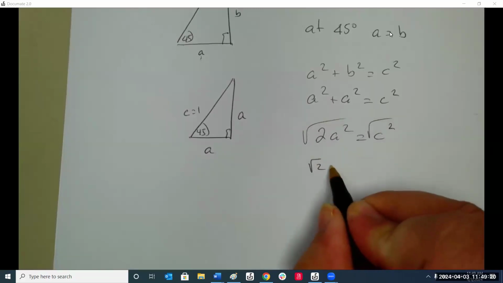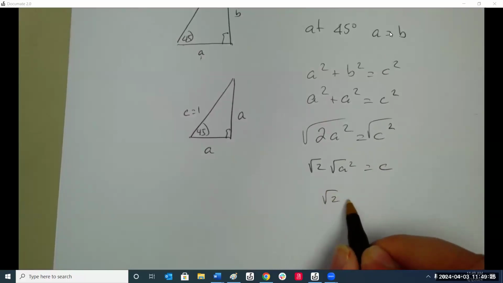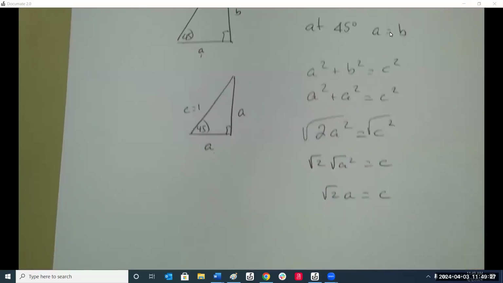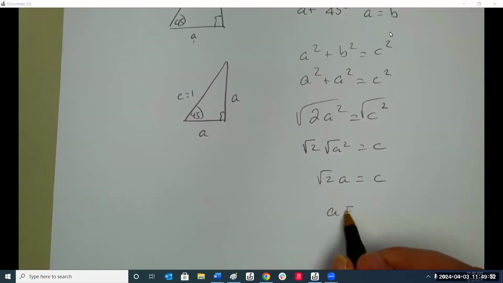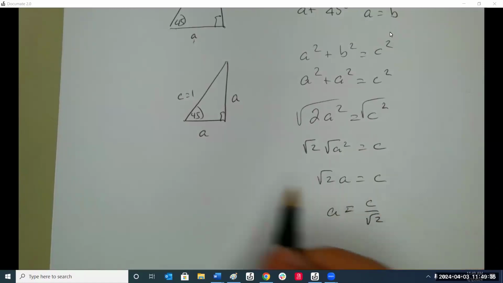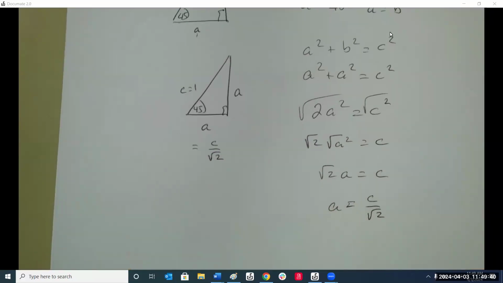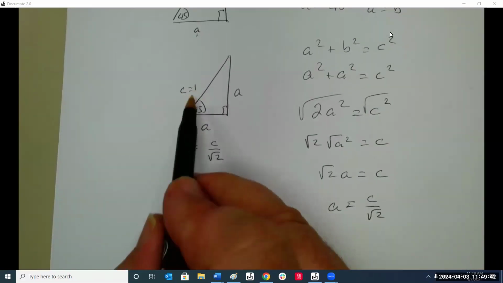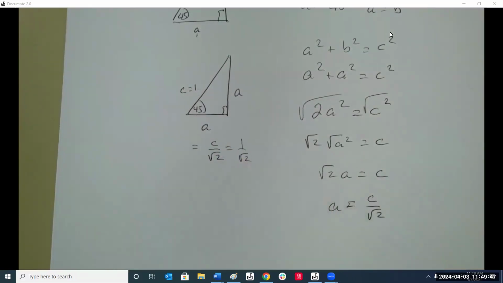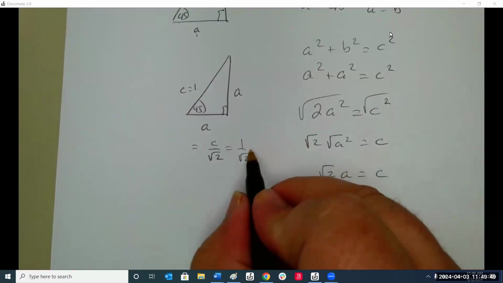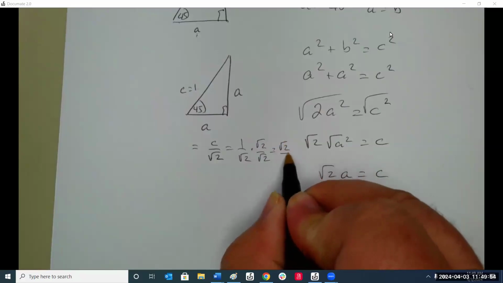We take the square root: square root of 2 times A equals C. So A is equal to C over square root of 2. And C is what? 1. So we have to rationalize it. Square root of 2 over 2.